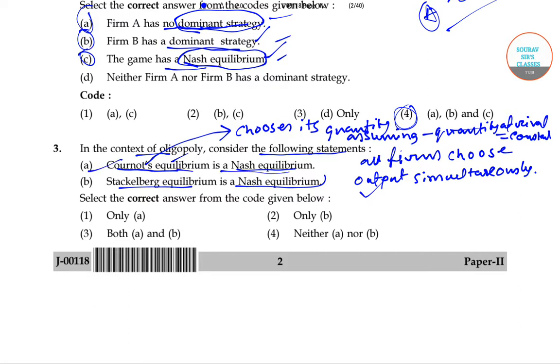Now we'll go to the Stackelberg part. Is Stackelberg equilibrium a Nash equilibrium or not? That we have to figure out.